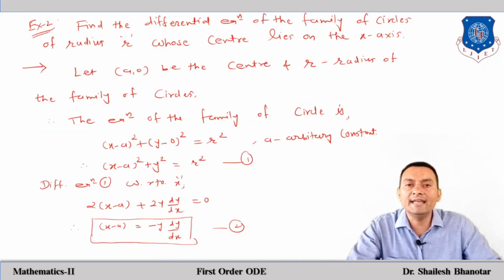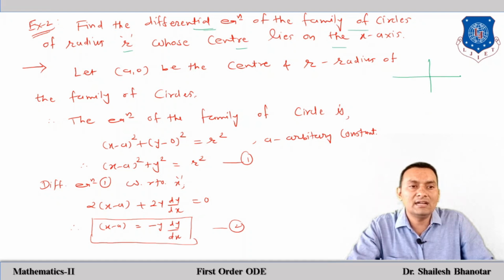Let us move on to the next. This is a very important thing that you should understand. Find the differential equation of the family of circles of radius r whose center lies on the x-axis.